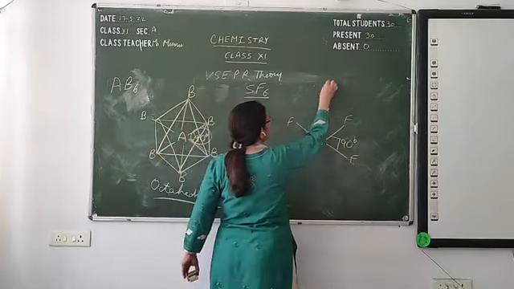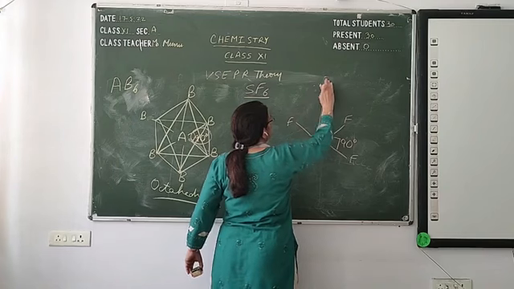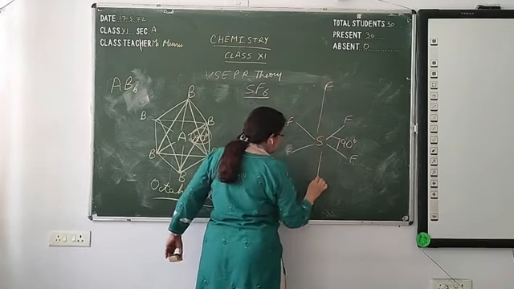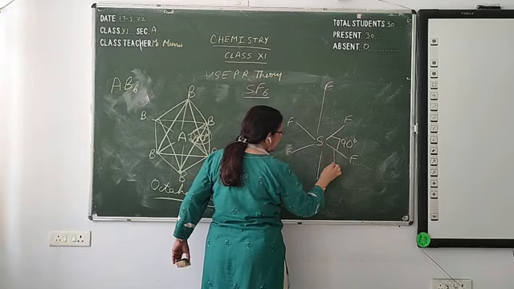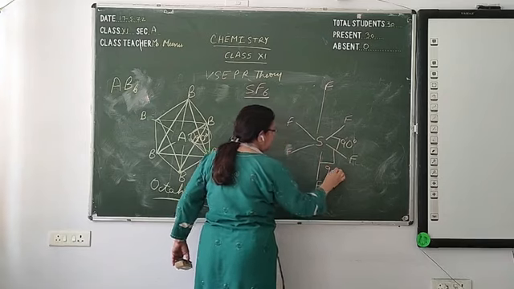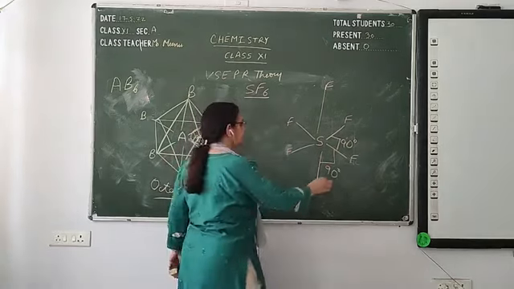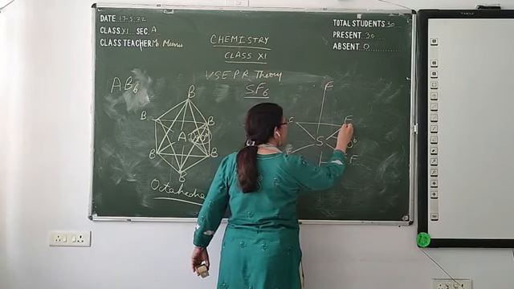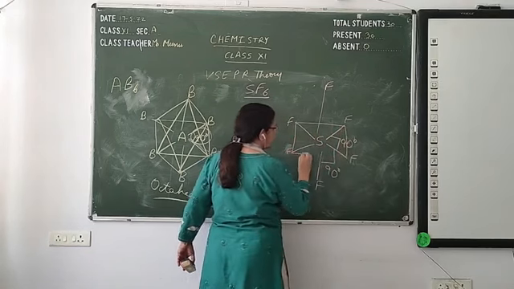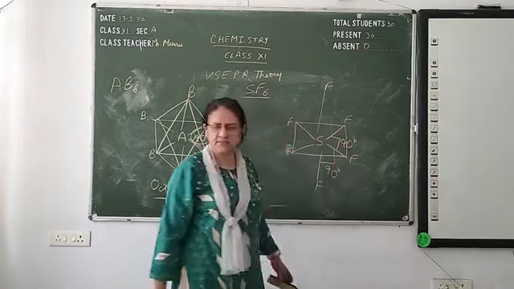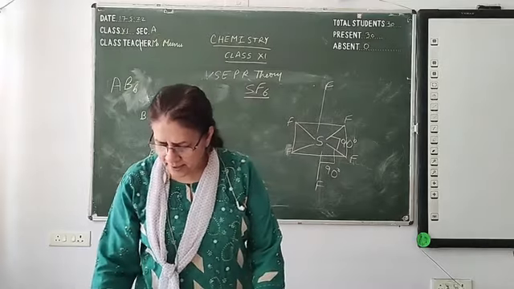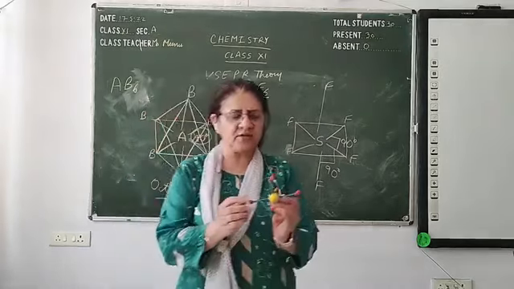One fluorine is above, another fluorine is below, and here also the bond angle is 90 degree. So this is the shape of SF6, octahedral shape.